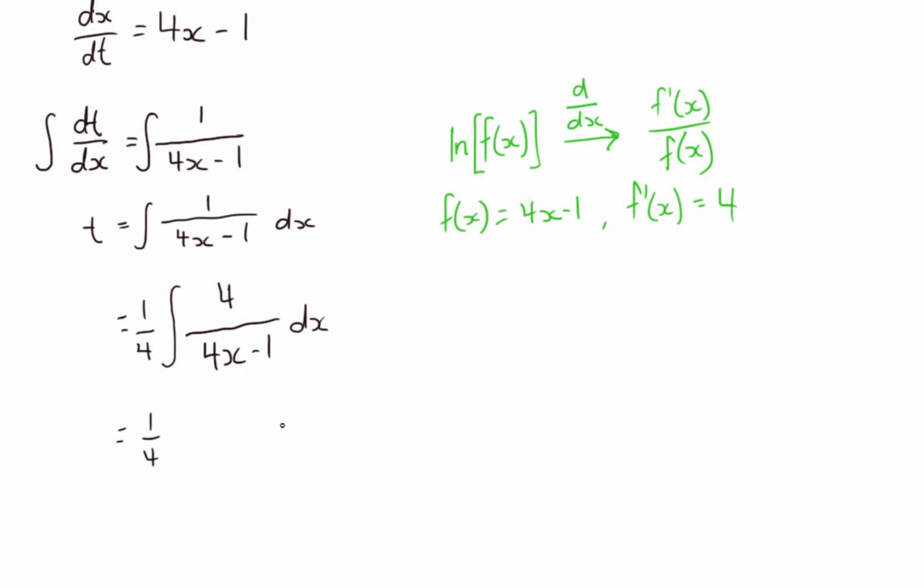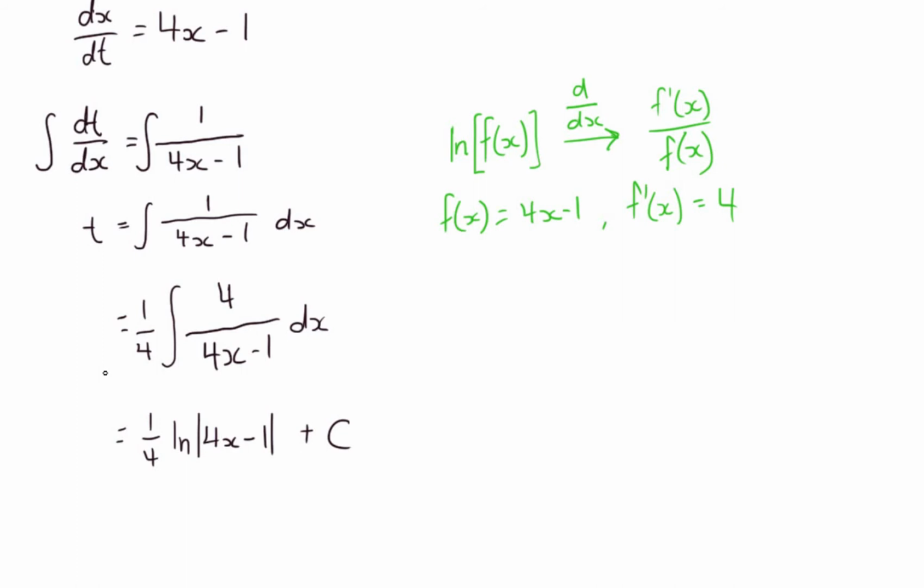So this is going to be ln of f of x, which is 4x minus 1. However, remember when we're going back the other way, we need to take the absolute value. And finally, our constant of integration.